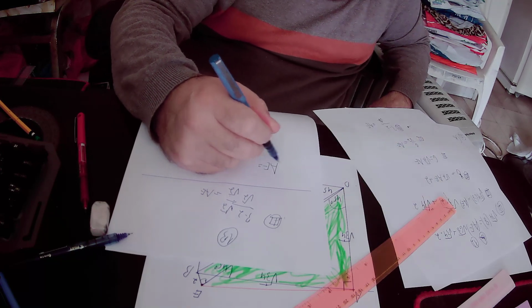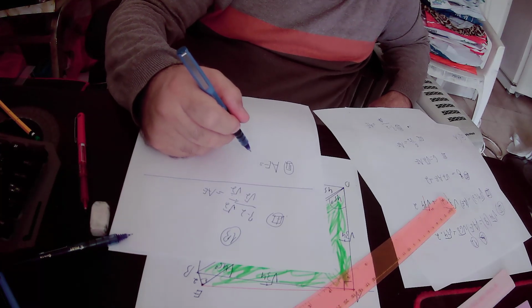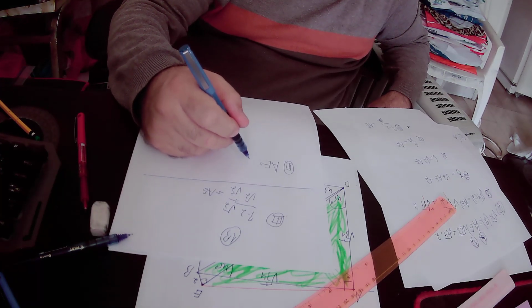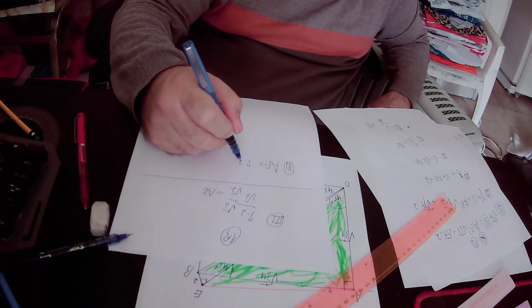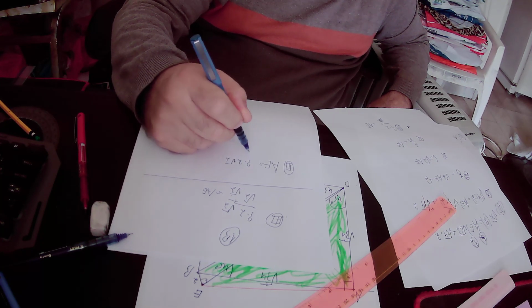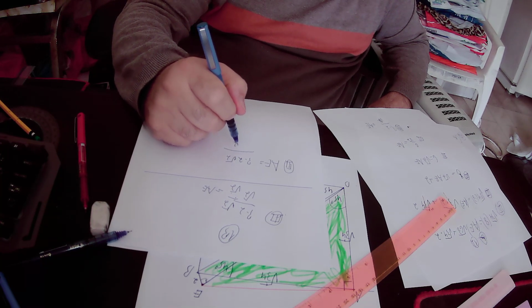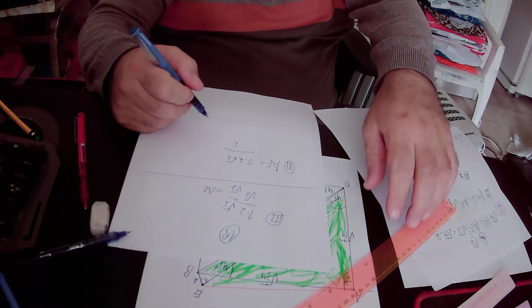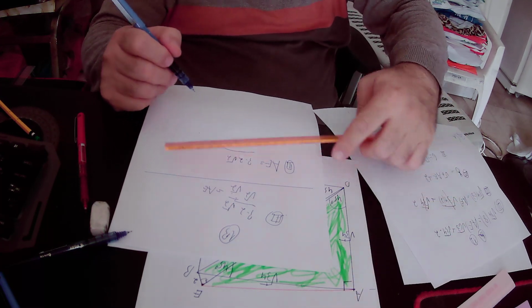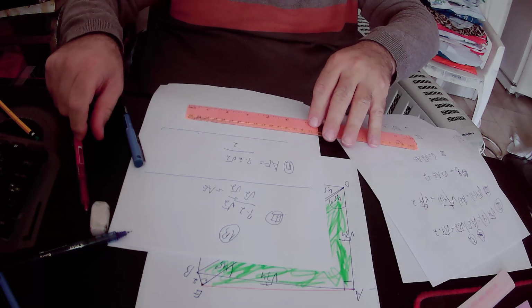AE will be equal to 3 times 2 times square root of 2 over 2. Two over 2 is 1, so those 2s get cancelled.